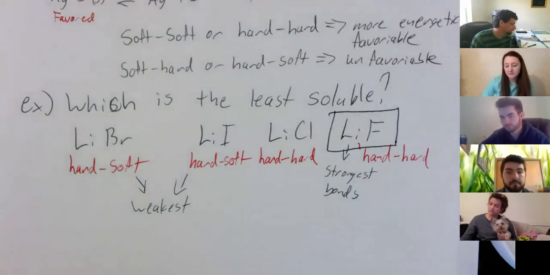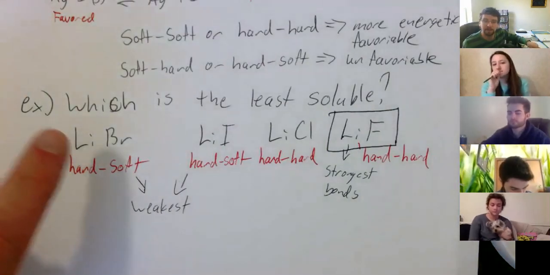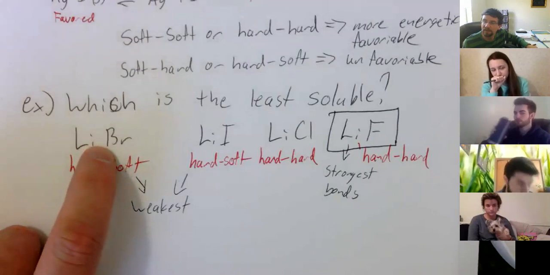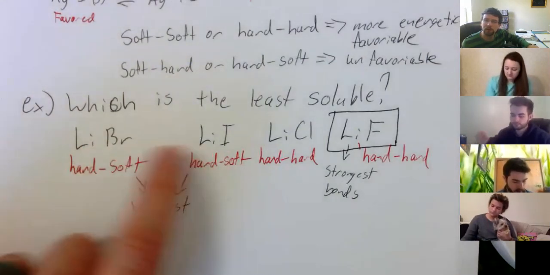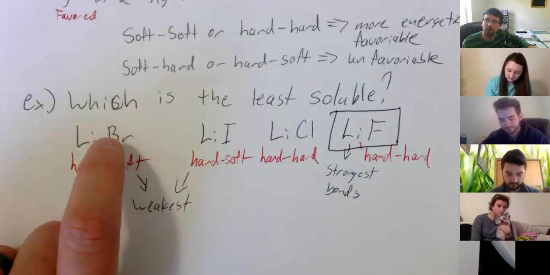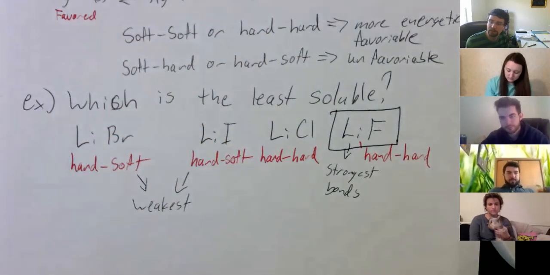So which one would be the most soluble in water? If you look at experimental evidence, it's actually this guy that is the most soluble. These two are close to one another, but is there a reason this one might be more soluble than that guy? You have to deal with their atomic orbitals and whatnot.